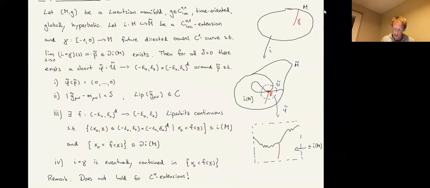What fails in general is this non-trivial statement here, that this curve has a limit point on this Lipschitz graph, so that to both sides I have boundary points. So this is a subtle issue. Here, in order to have this boundary characterization, it's important that the extension is locally Lipschitz regular.